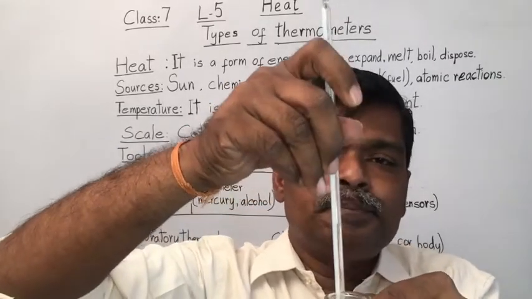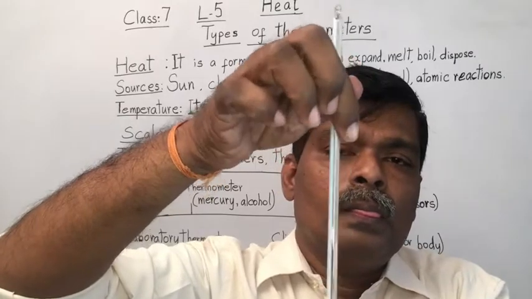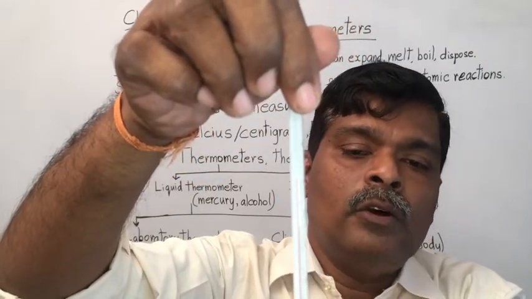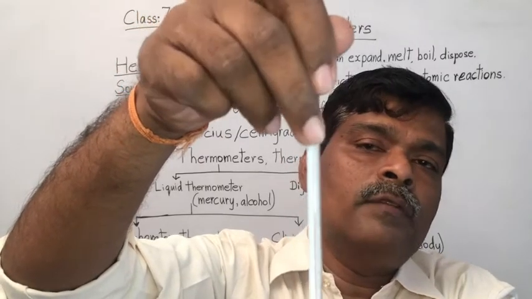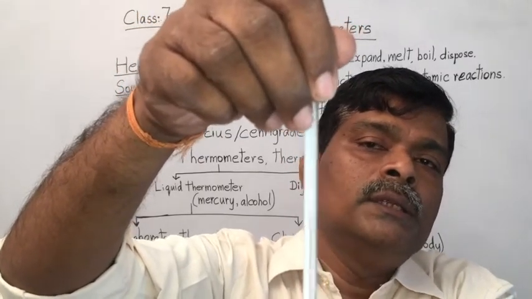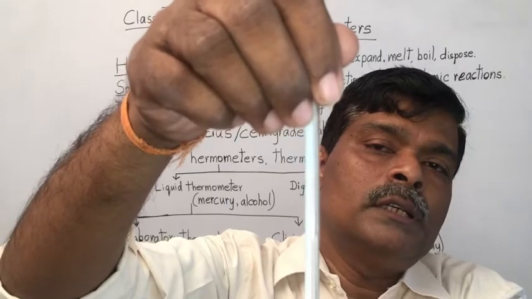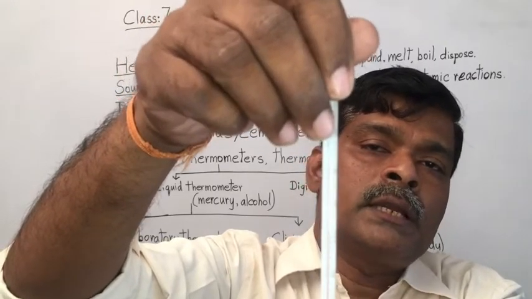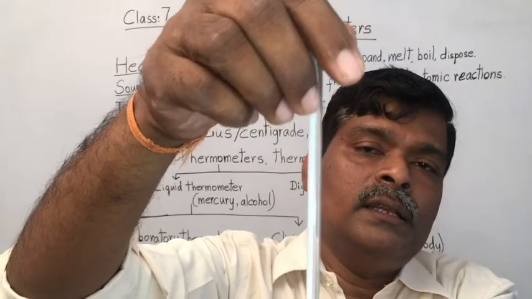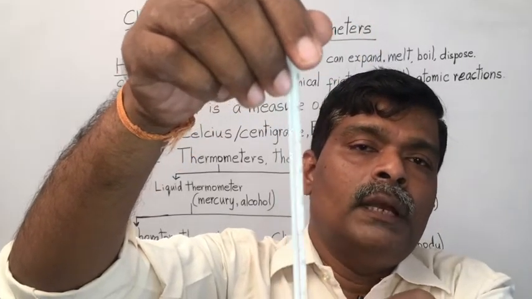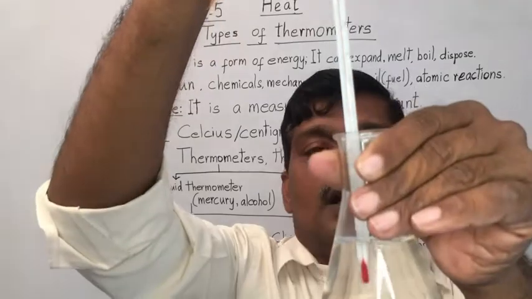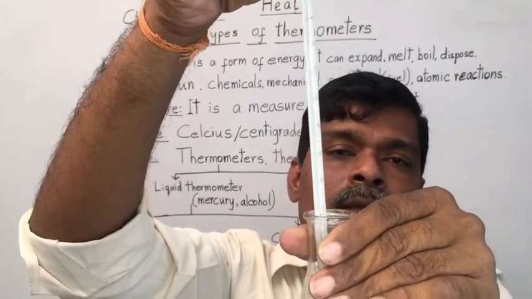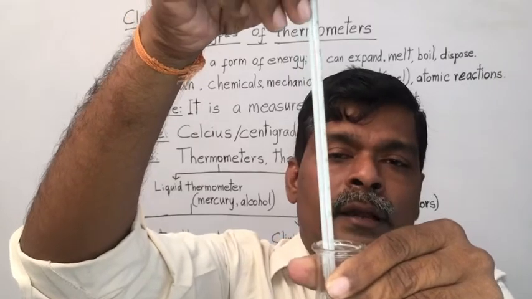After rising, it may rise up to a height. What is the temperature we can measure from this raised level? You can watch that this red alcohol liquid is rising in the stem inside to give us the correct temperature of this hot water. Like this, we can measure any temperature in our laboratory.